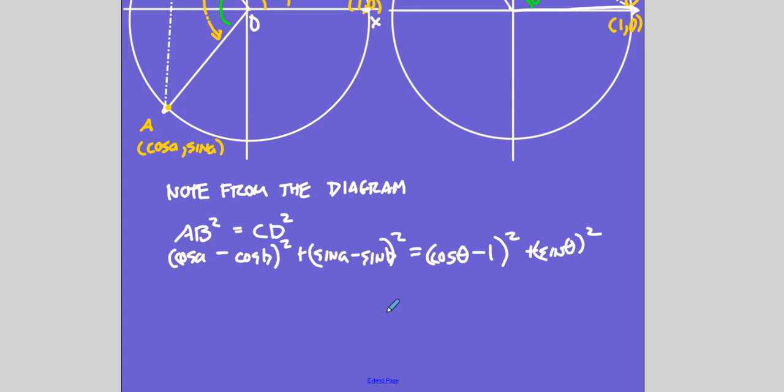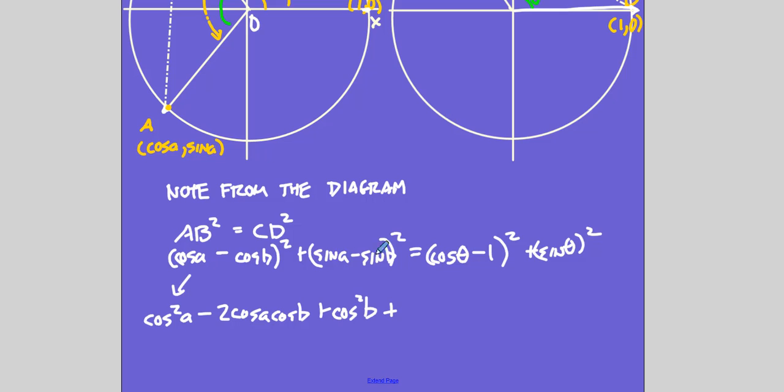Okay, now I need to multiply this out. So this is going to be cosine squared A. What I'm doing is a binomial squared. So I square cosine A, minus double the product, which is minus 2 cosine A cosine B, plus cosine squared B. So that takes care of this.